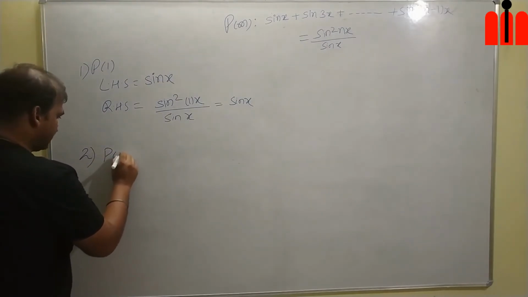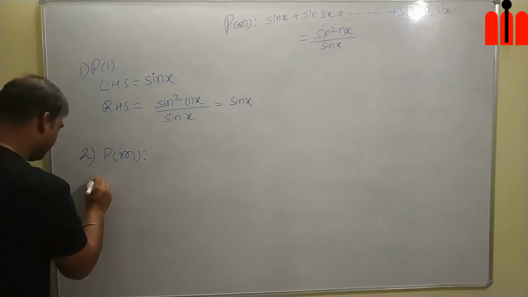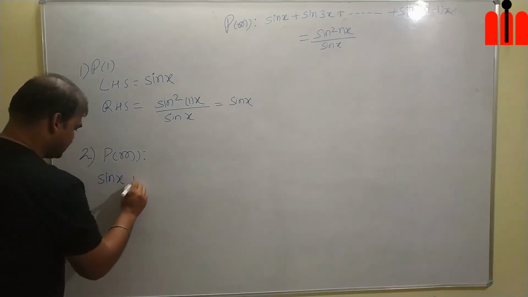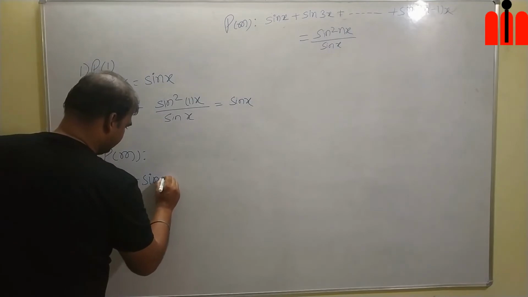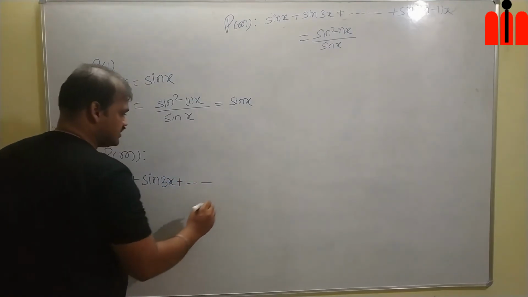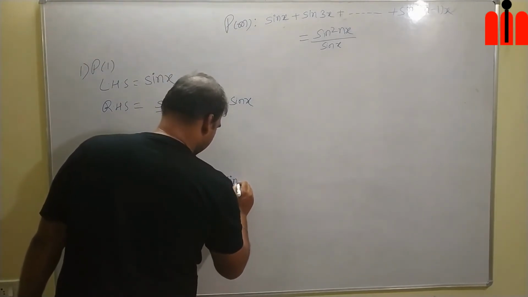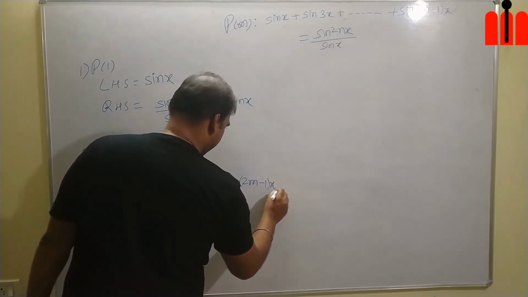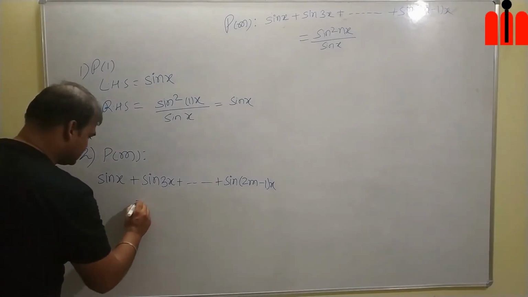So for my PM, the concrete statement will look like sine x plus sine 3x plus ... up to sine (2m minus 1)x. Okay, so this will be my LHS.